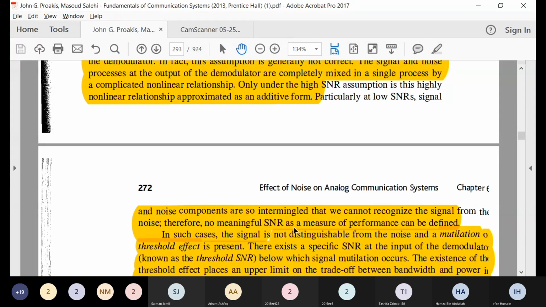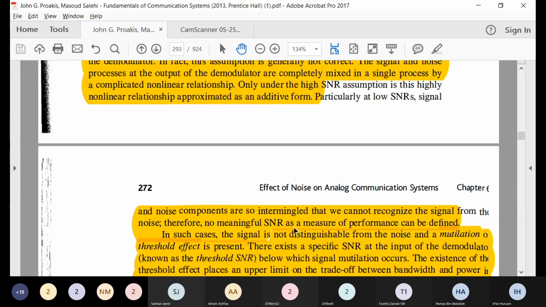So basically you can define this threshold in two ways. One thing is that your beta cannot go above a certain beta, because greater beta will lead to greater bandwidth. This will lead to greater noise power. Hence your SNR assumption will fail. And you can also define this in terms of the threshold SNR.